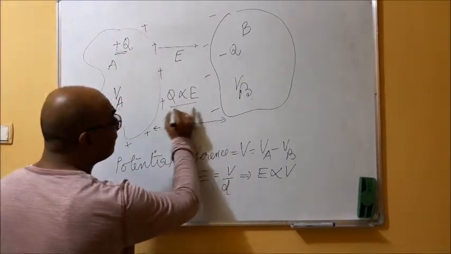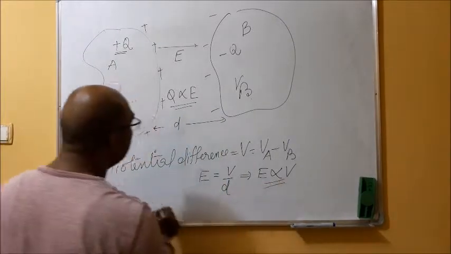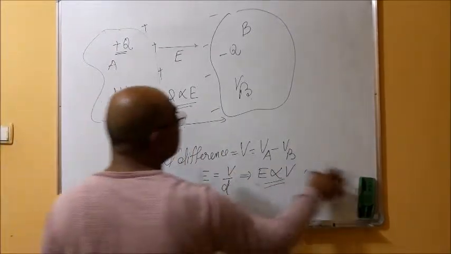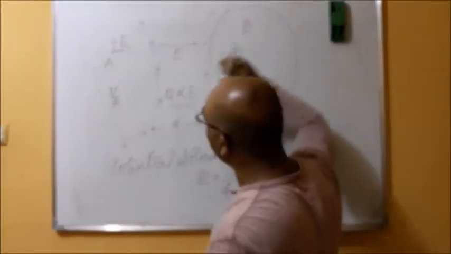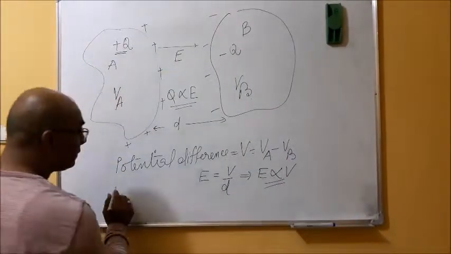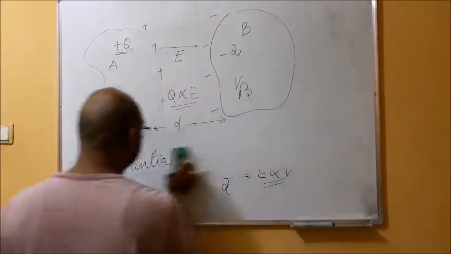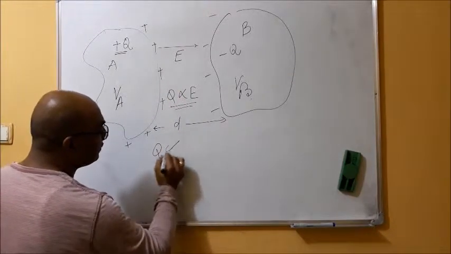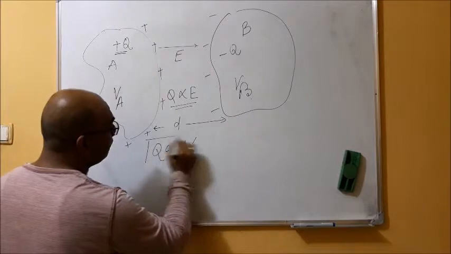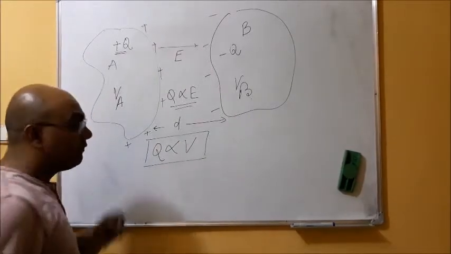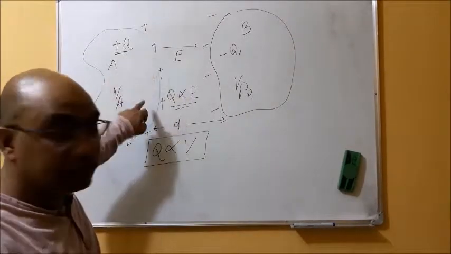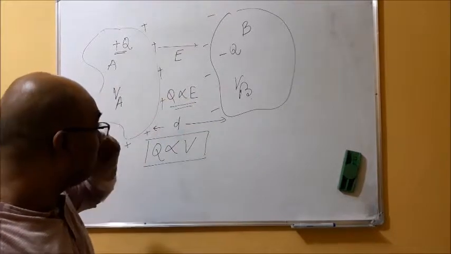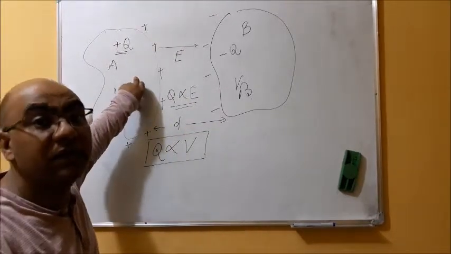And hence, if I combine these two, I can say that Q is proportional to V. Means if we have more charge at the surfaces A and B, the potential difference will be more across this structure.